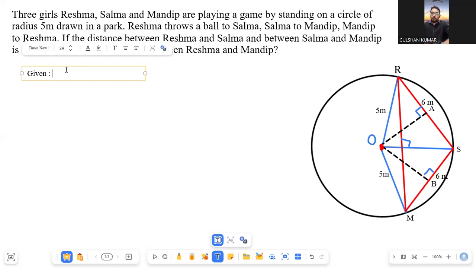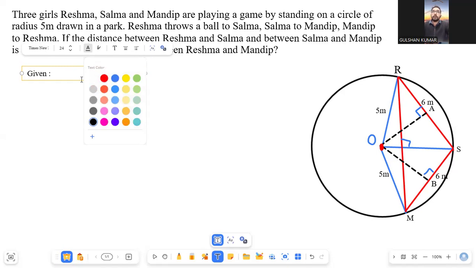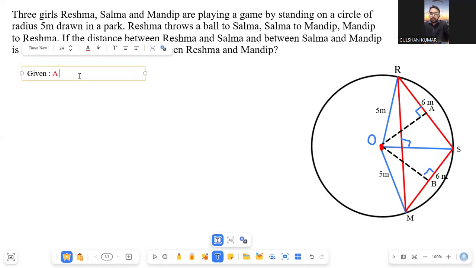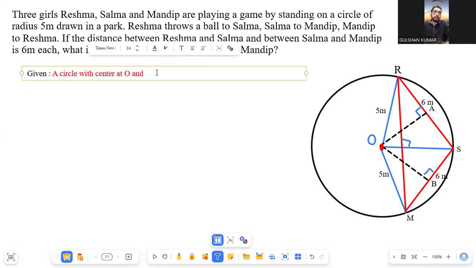Given: a circle with center at O, and RS equals SM equals 6 meter.